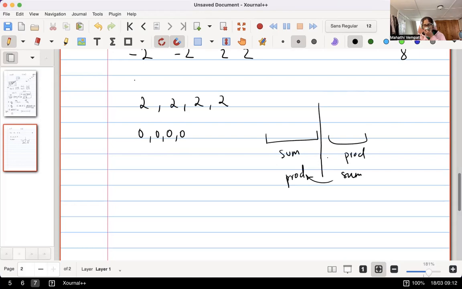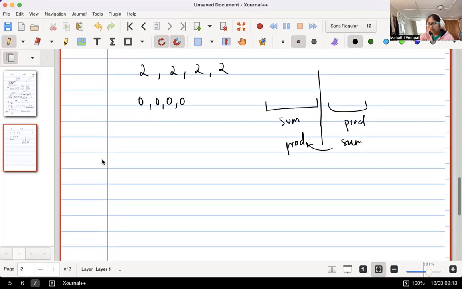So you need two sets such that the first set's product is this one's sum, and this one's sum is this product. Okay, how does that help?